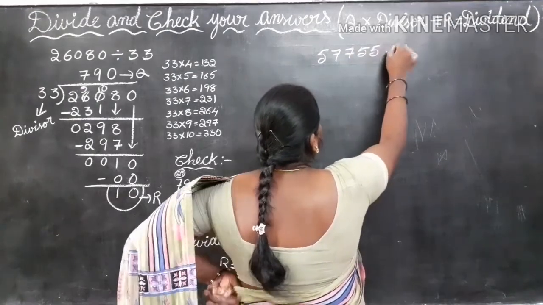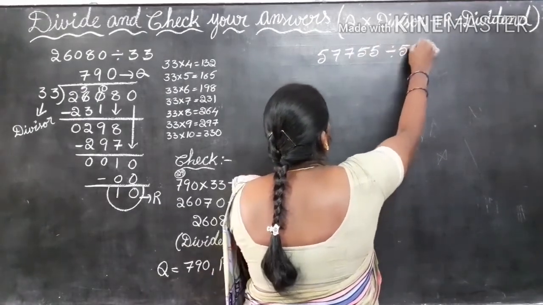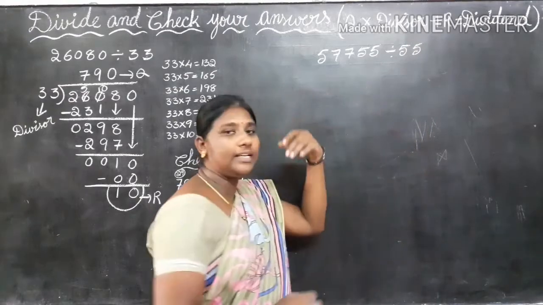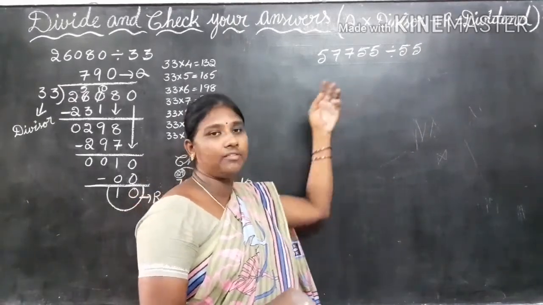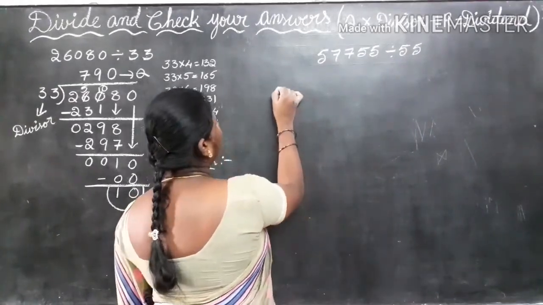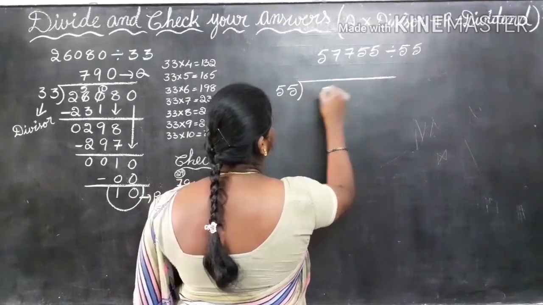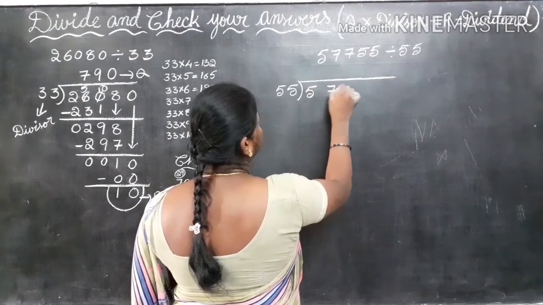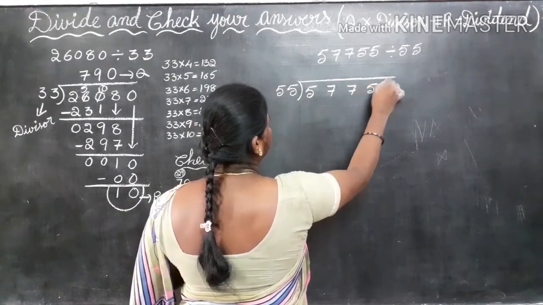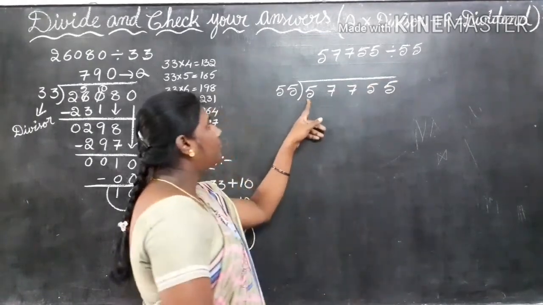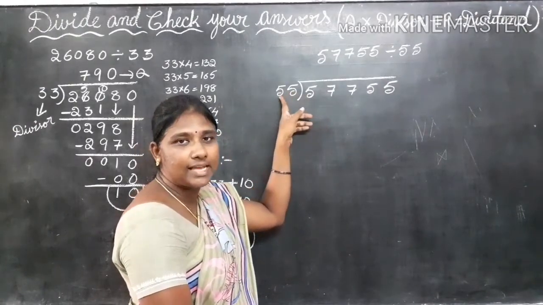57,755 divided by 55. Now do division with 55. Here the first number 5 is less than 55.